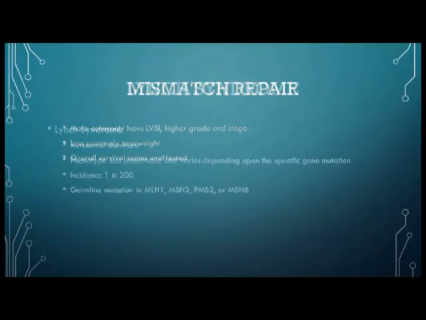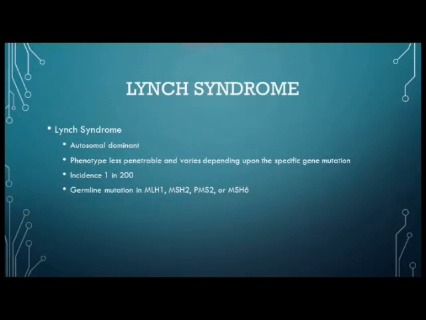Lynch syndrome overall is autosomal dominant again. I should say with almost all these mutations, they're heterozygous, so you only have 1 copy of the mutated gene. Most of them, if you have 2, it's lethal.